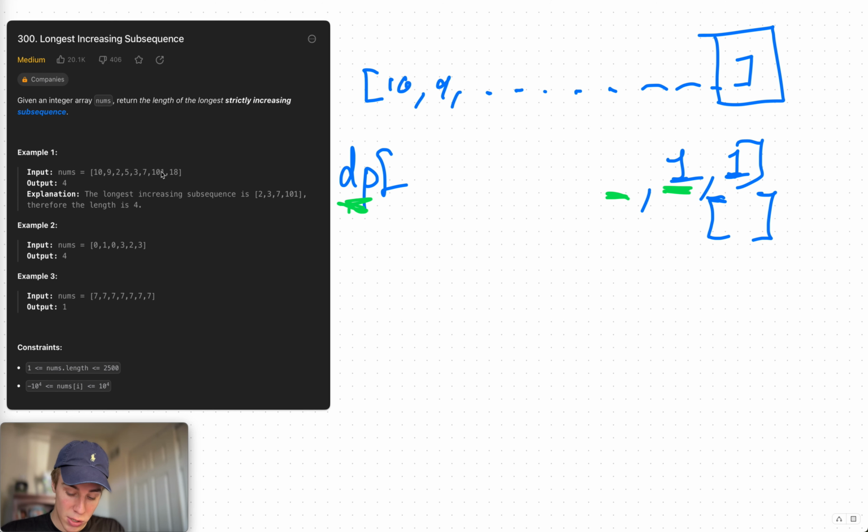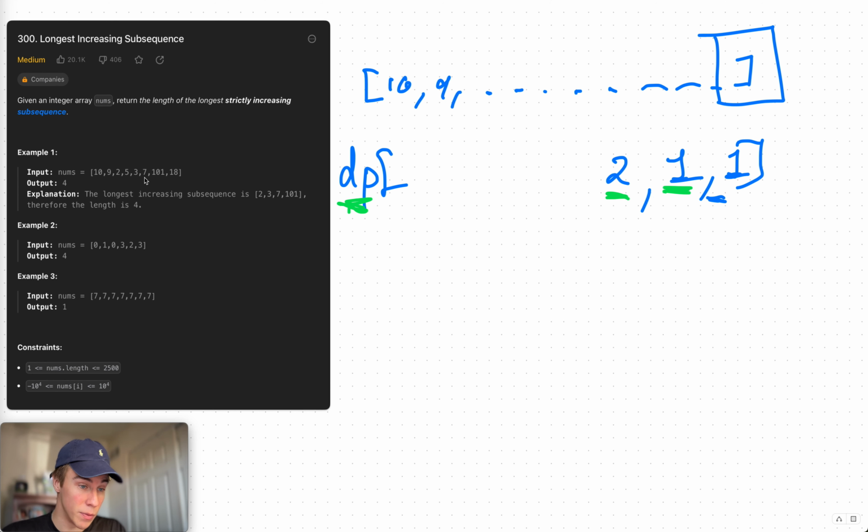So can we just say that 7 would contribute to the longest increasing subsequence, and therefore say that 2 plus whichever one of these we decide on?